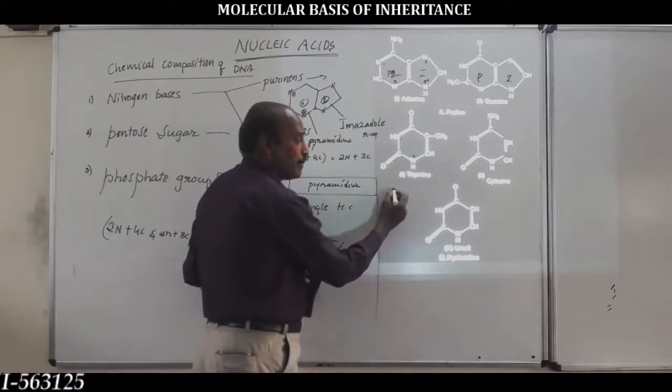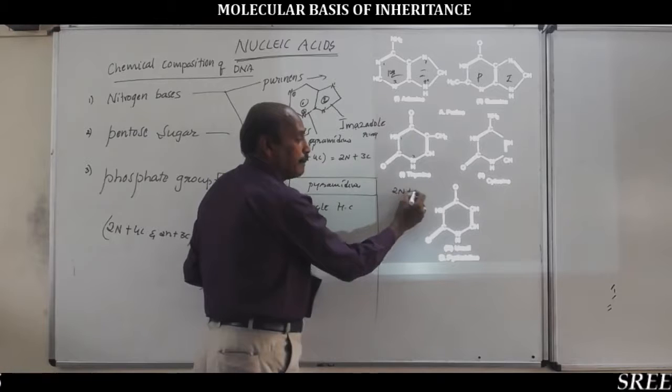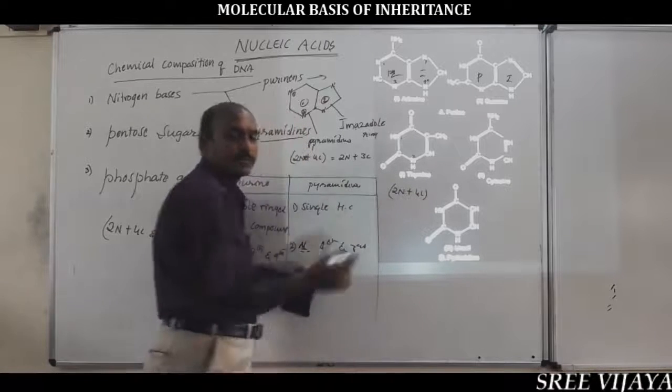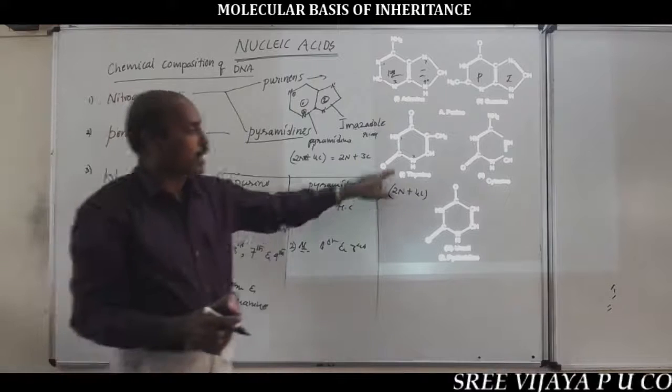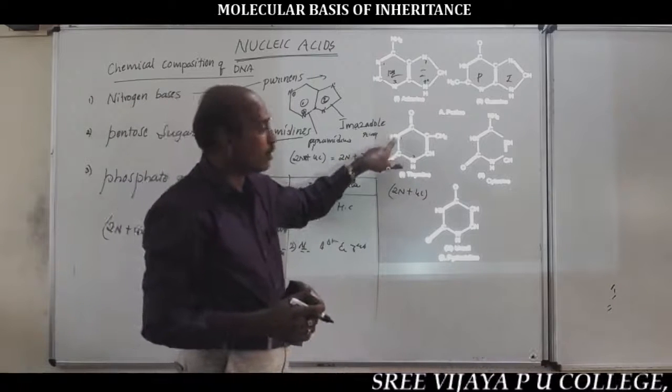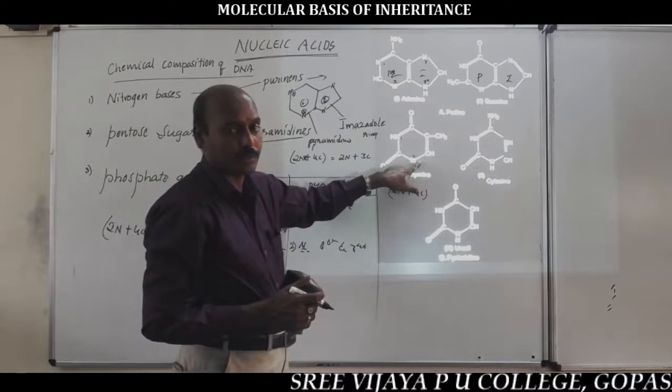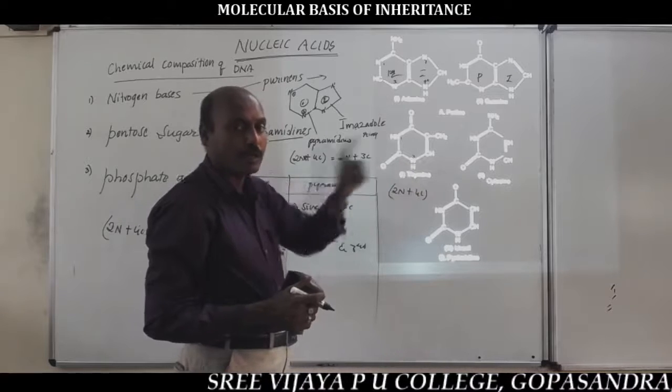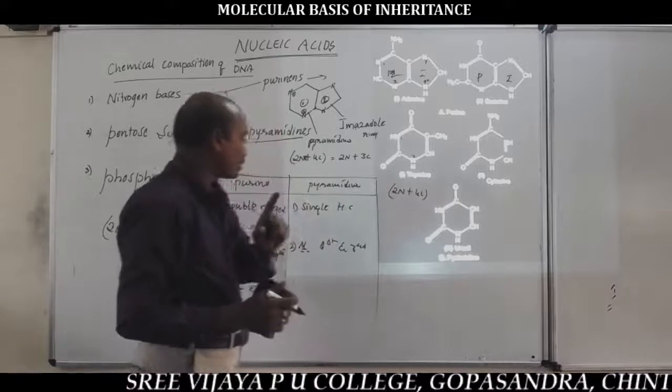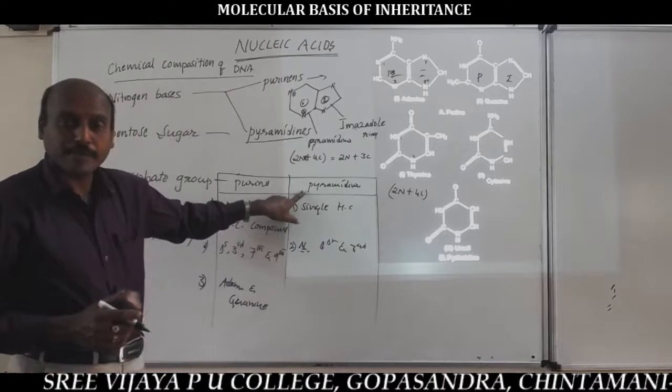It is made up of only one heterocyclic ring. This ring is made up of 2 nitrogen plus 4 carbon atoms. You should remember two nitrogen atoms and 4 carbon atoms is the composition of a single ring heterocyclic compound, that is pyrimidine.